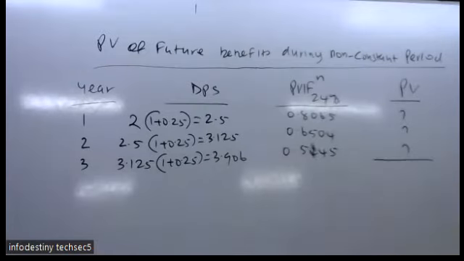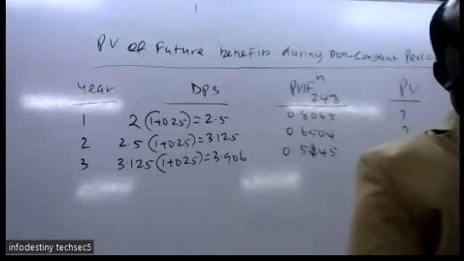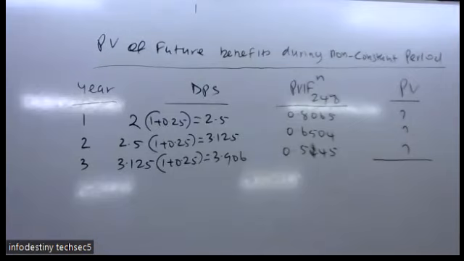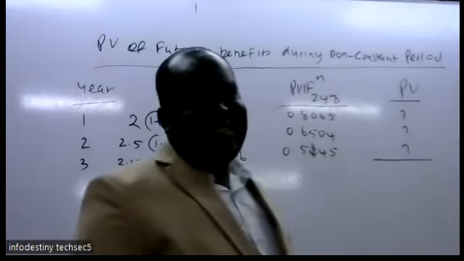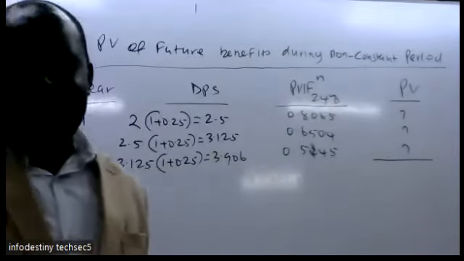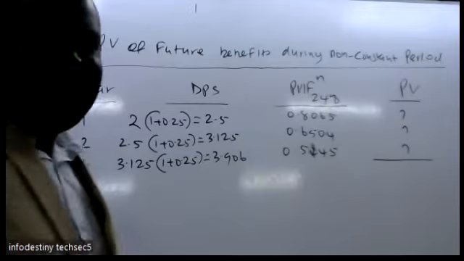Like that. Are those the figures from the table? We are using the first table. Online, are you able to see those figures from the present value tables?